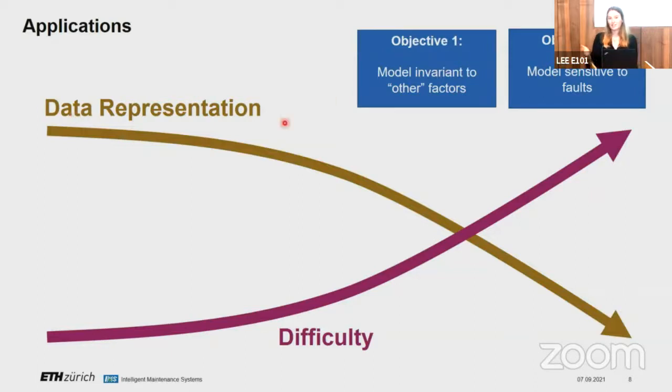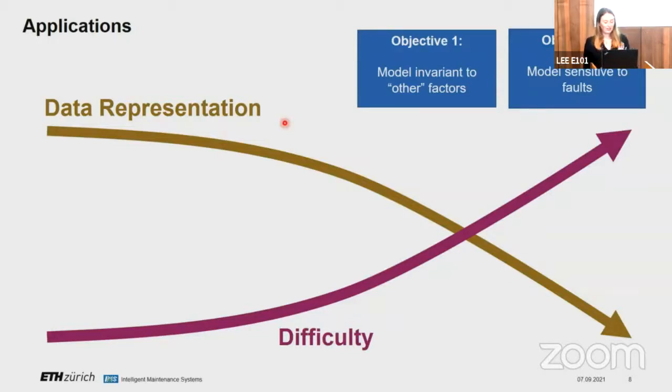But as the training data representativeness decreases, it gets harder and harder. Right? If you have no fault data available at all, how can you make a model that is very sensitive only to fluctuation coming from a health condition?